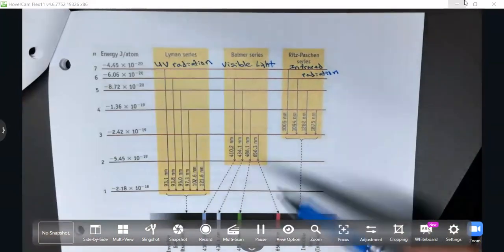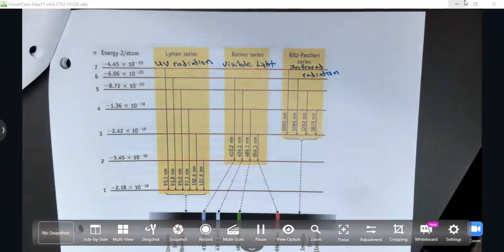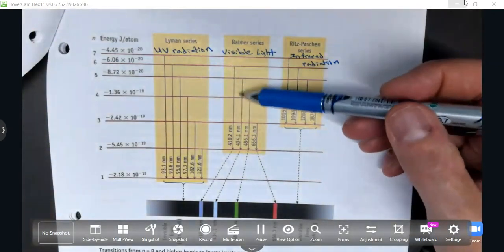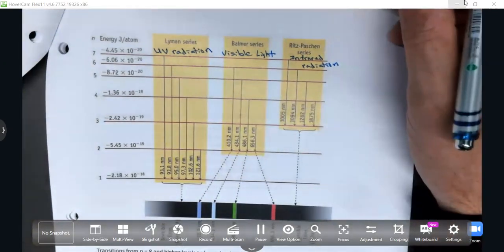So if you can just control that electron, keep it going down to energy level 2. If it goes down to energy level 1, you get UV. So we've got a lot to figure out here. We've got to figure out where the electrons go, how many electrons, how much energy the electron has, and what wavelength we get dropping back down.